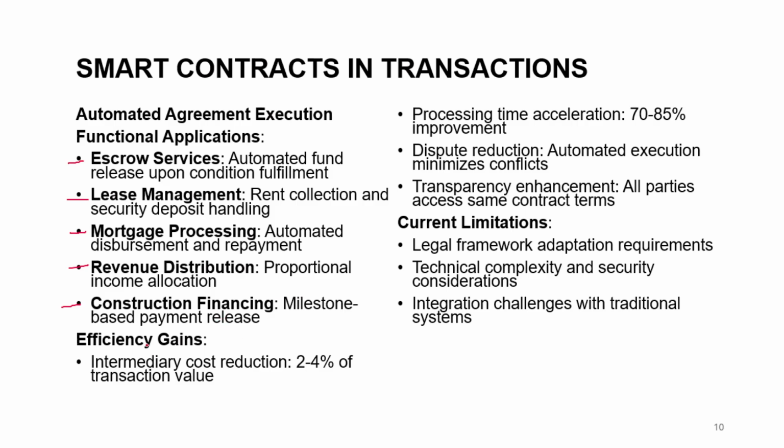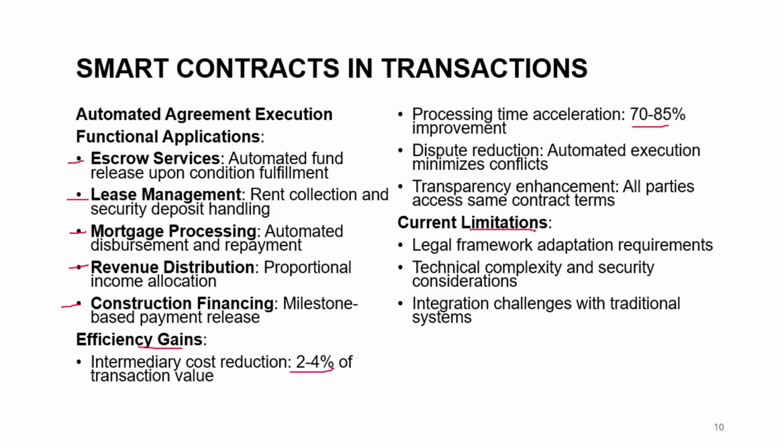Then the efficiency gains are compelling. We have intermediary cost reduction of 2 to 4% of the transaction value, processing time acceleration, which is 70 to 85% improvement, and dispute reduction through automated execution, and transparency enhancement as all parties access the same contract terms.